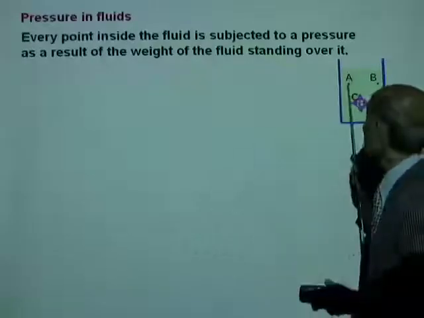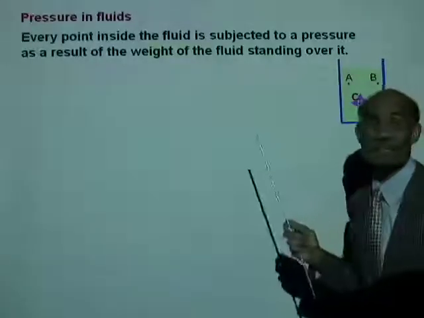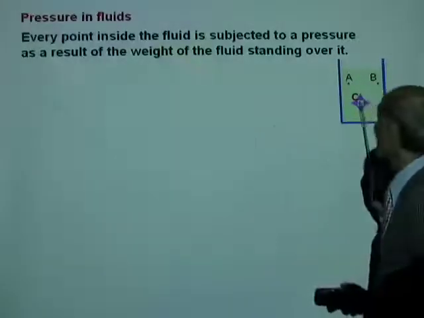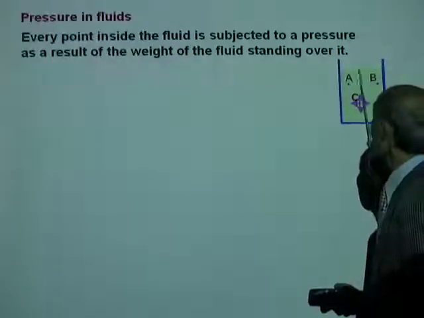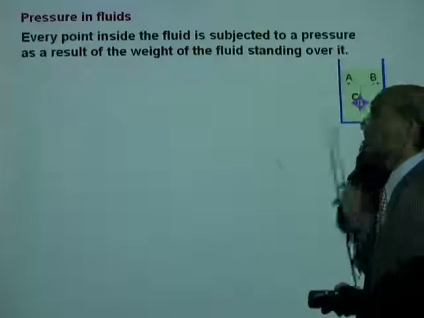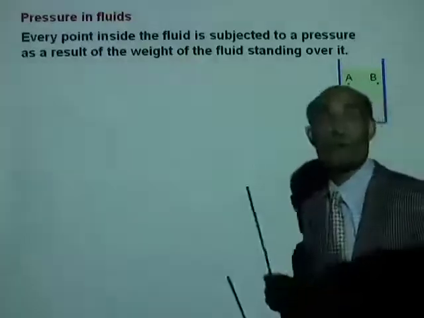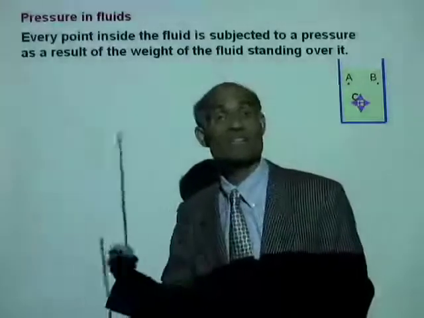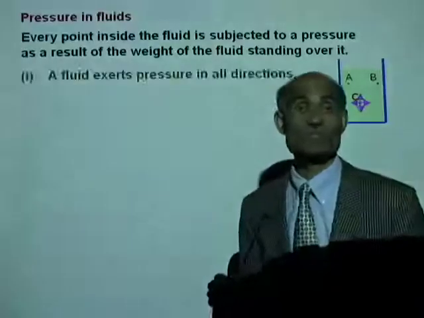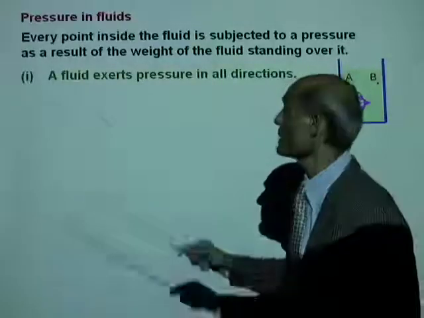Now, which of these points has a greater pressure? At C, we have a column of fluid which is higher than at A and B. Therefore, pressure at C is greater than pressure at A or B.